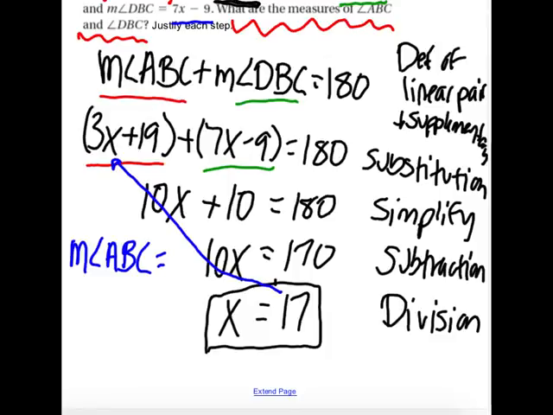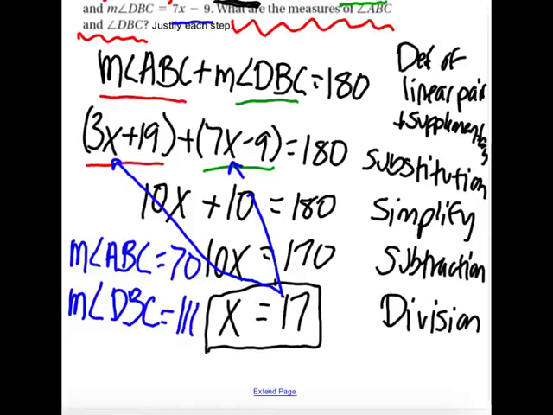I know 3 times 17 plus 19 gives me 70. Plug 17 in for x here. So the measure of angle DBC, 7 times 17 minus 9 gives me 110. Do these add up to 180? Yes. So these are my two angle measures.